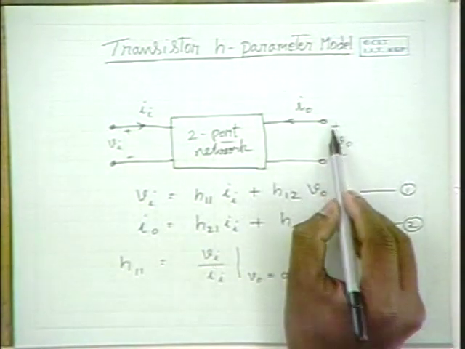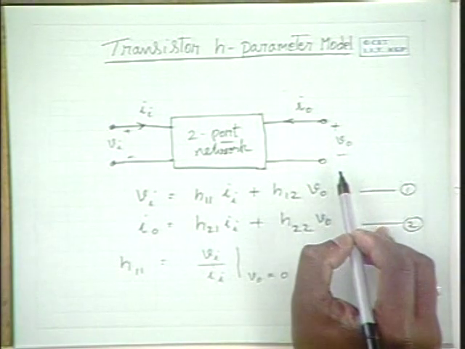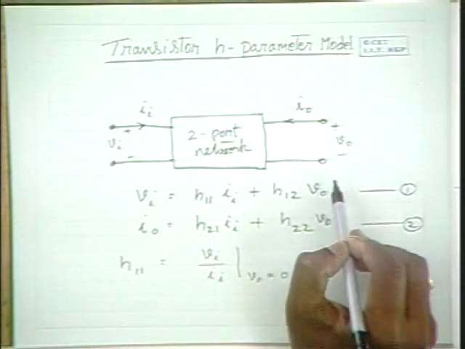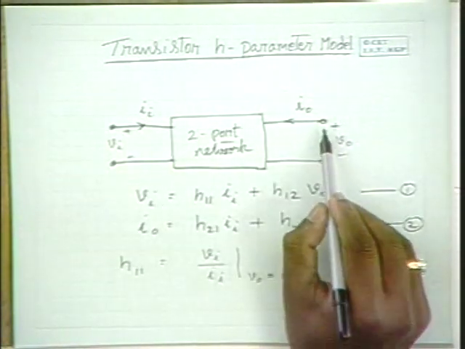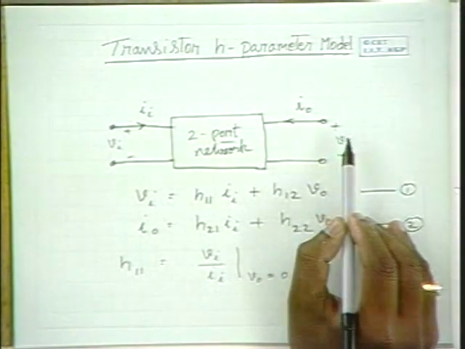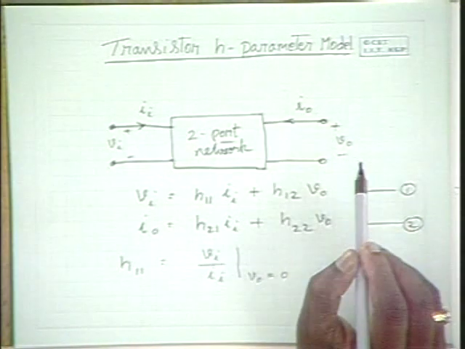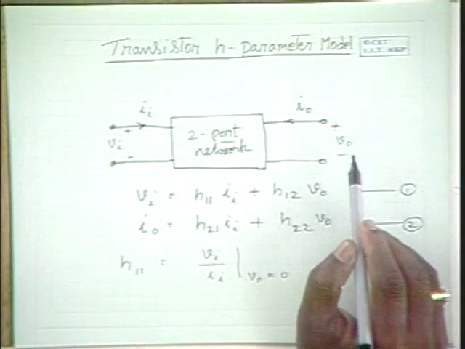And here V0 is 0, meaning the alternating signal V0 is 0. And alternating signal is 0 means the collector to emitter voltage VCE, for example, in a CE amplifier, the output voltage is across the collector to the ground. And if there is no emitter resistance, it is collector to the emitter voltage.